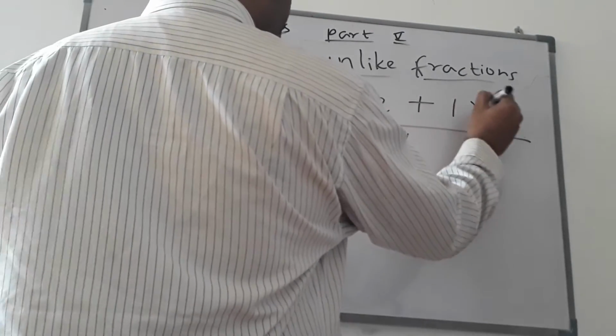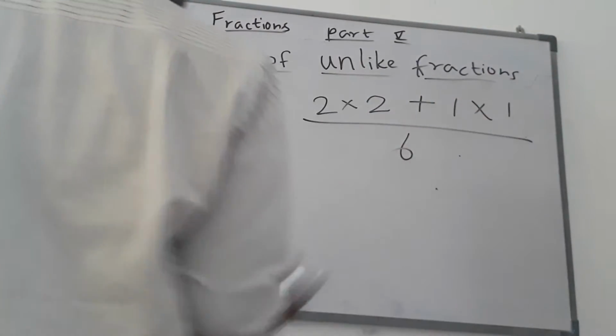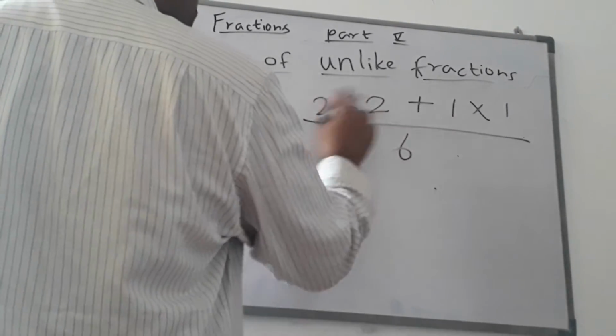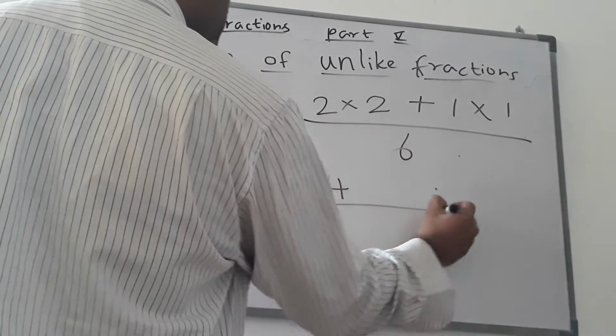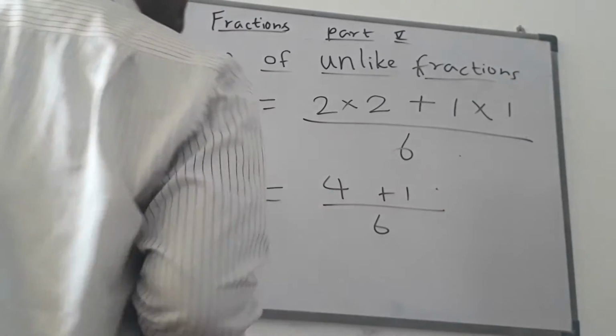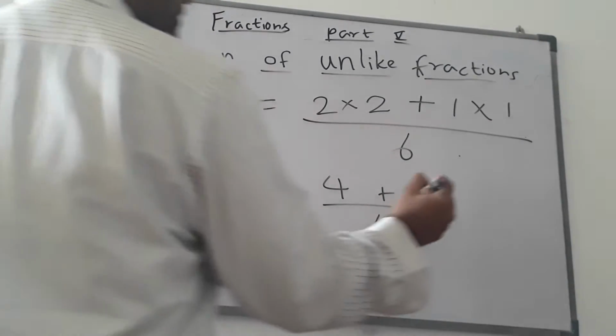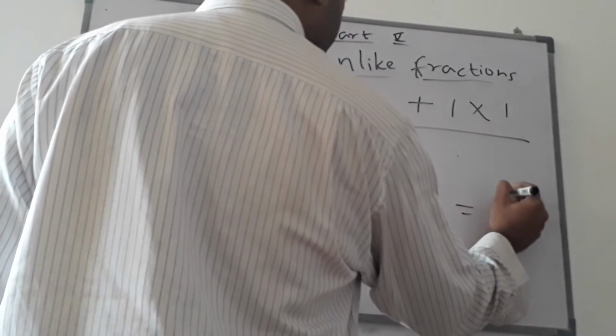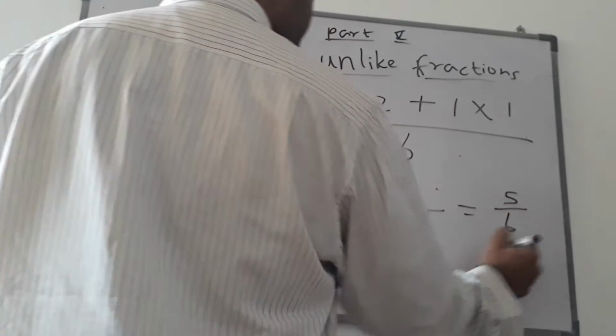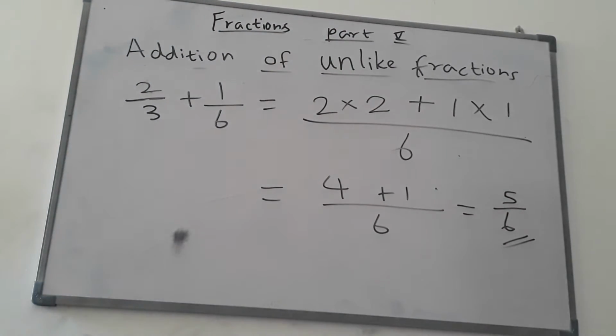Now we multiply 1 with the numerator. So the answer is 2 times 2, 4, plus 1 times 1, 1. 4 and 1 together, 5 out of 6. This is the answer. Okay, we will do another sum.